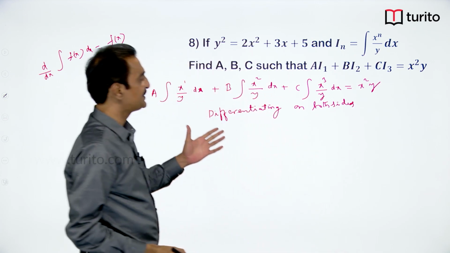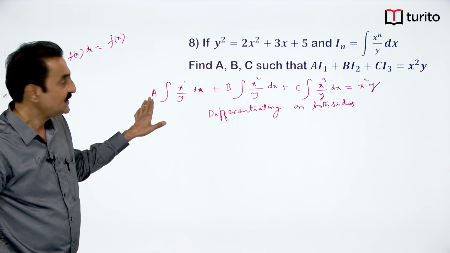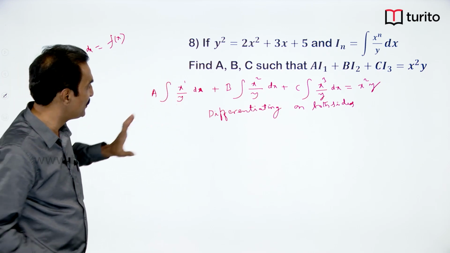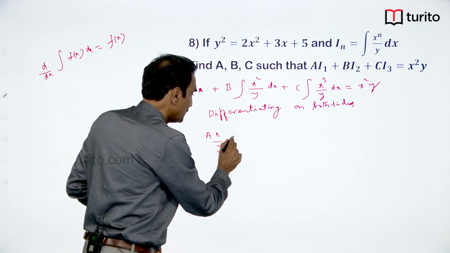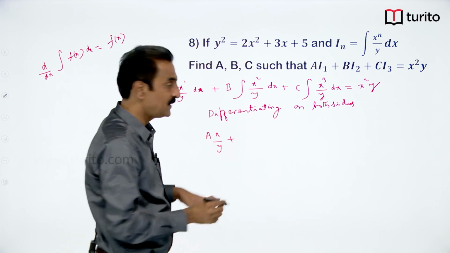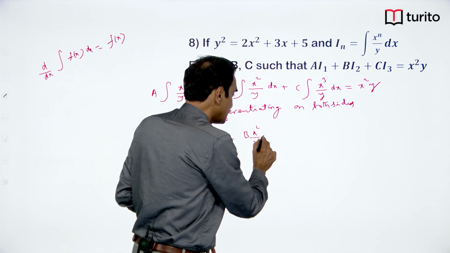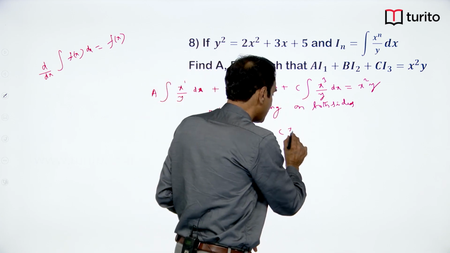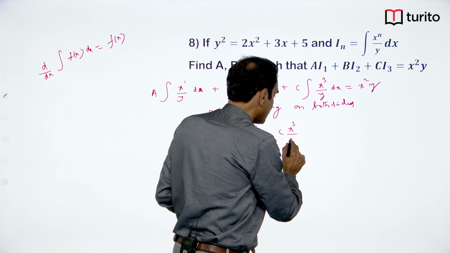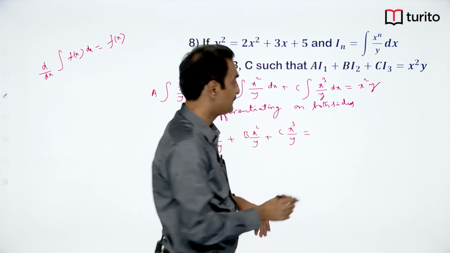Differentiating on both sides with respect to x, we will get A is constant, it remains as it is, A into x power 1 by y plus B into x square by y plus C into x cube by y.